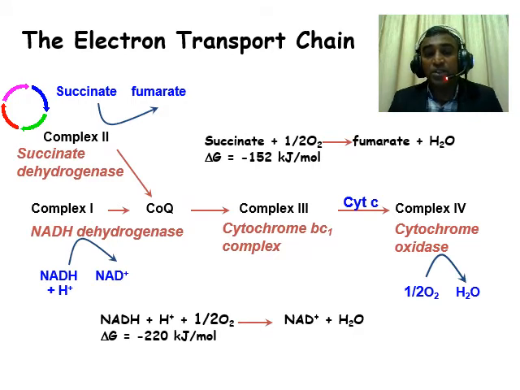You can see here FADH2 is minus 152 kilojoule per mole, therefore far lesser than that of NADH, with Gibbs free energy of minus 220 kilojoule. That's why you get 2 ATPs in FADH2 oxidation, while in NADH oxidation you get 3 ATPs.